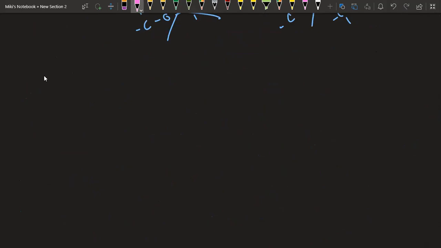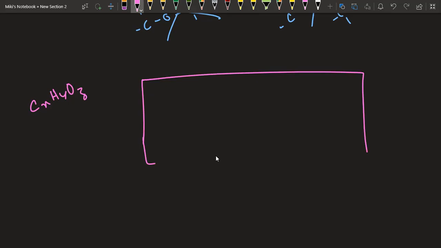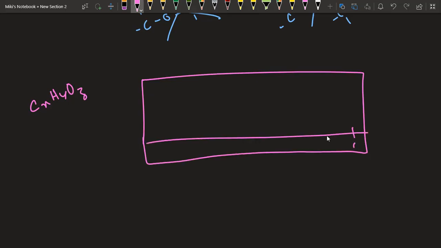We're given again a CXHY, but this time oxygen is undefined. And we have, let's say, 0, 1, 2, 3, 4, 5, 6, 7, and 8, and it goes on. I'm not drawing all of them.